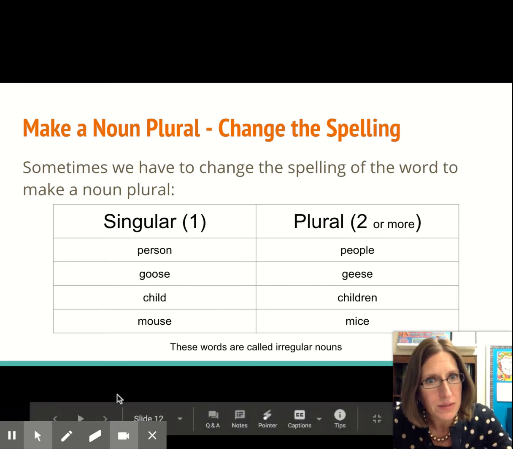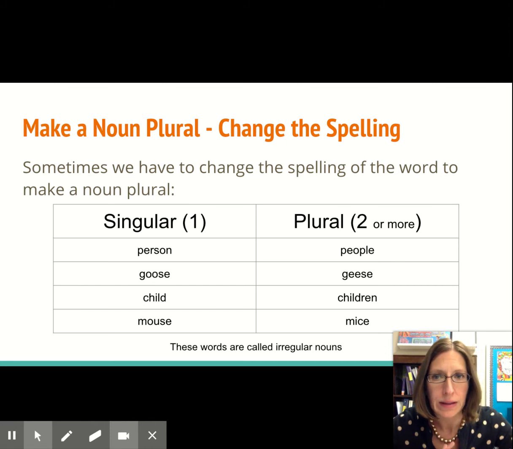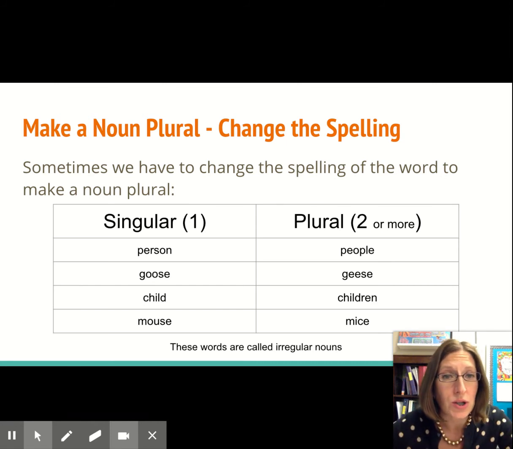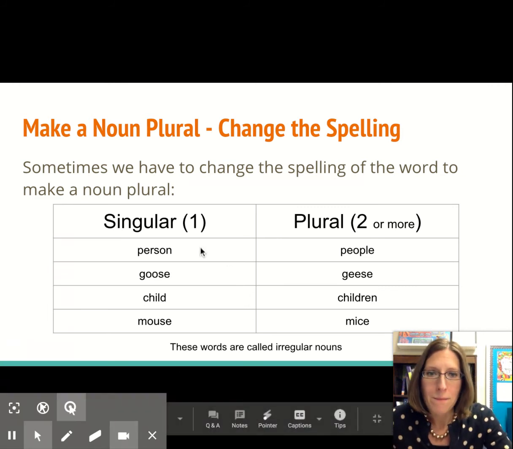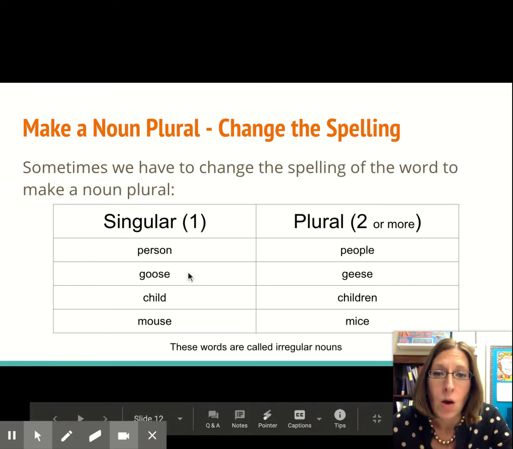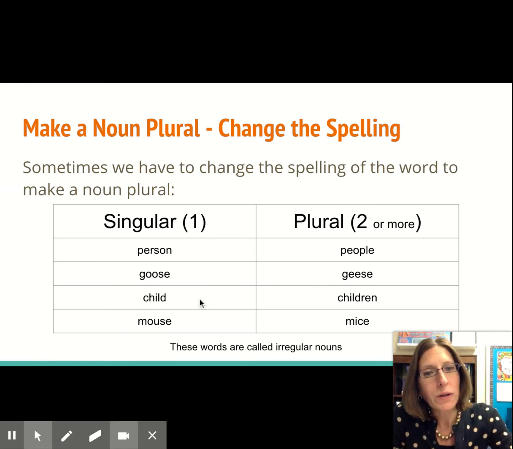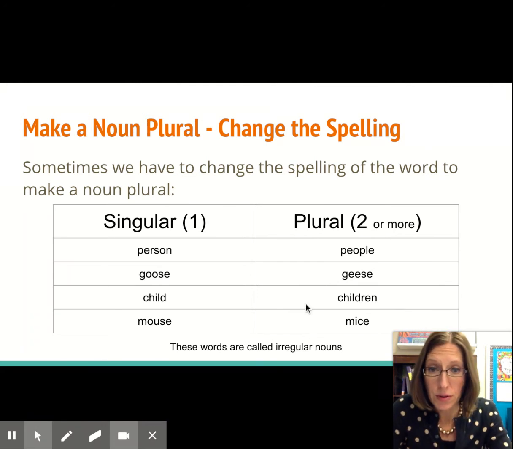And then sometimes, boy, English is such a strange language, isn't it? It's such a funny language. Sometimes we have to change the spelling of the word to make the noun plural. So for example, one person, many people. One goose, many geese. One child, many children.